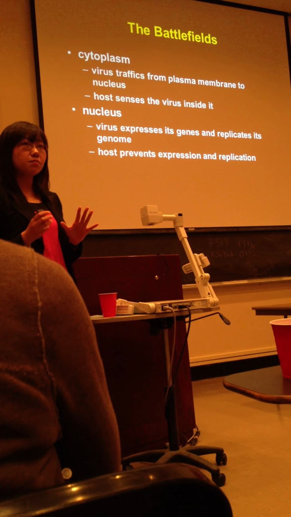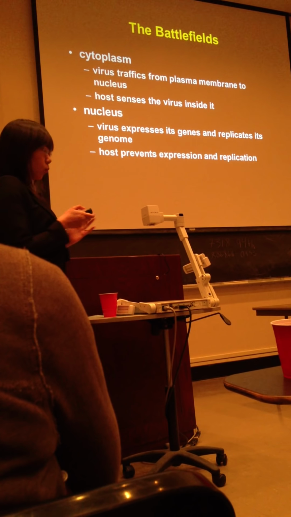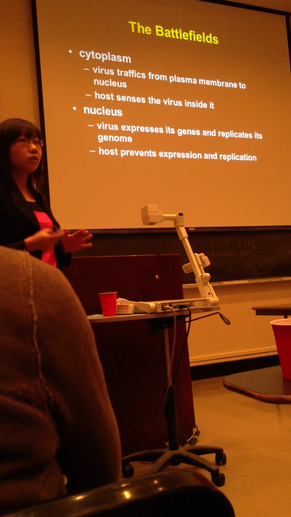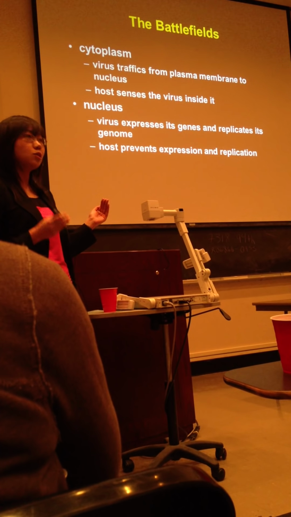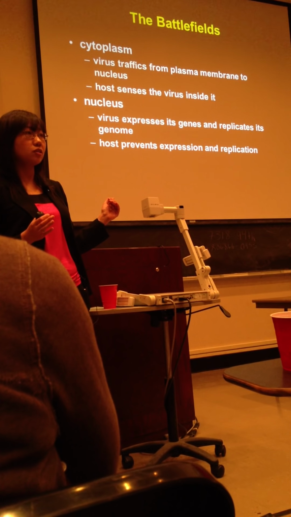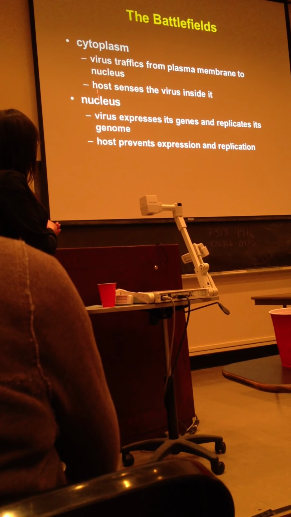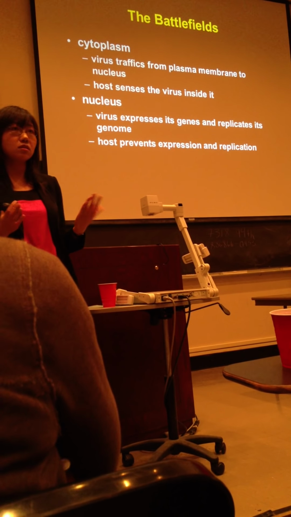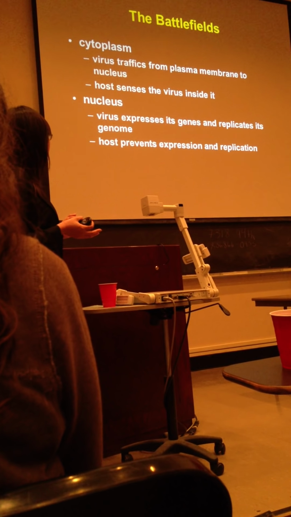In the case of BK virus, you can imagine there could be two potential battlefields. One is in the cytoplasm. I already told you that the virus has to traffic all the way from the plasma membrane to the nucleus to establish infection. Along this journey, the host may sense the presence of the virus and potentially mount an innate immune response to counteract it.